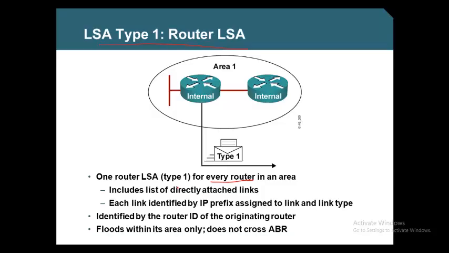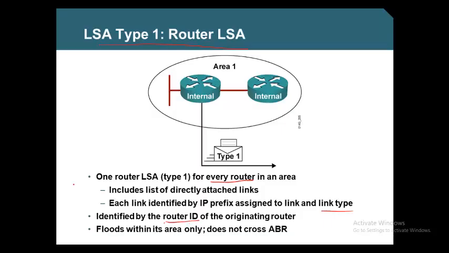What does this contain? It contains the list of directly attached links and the IP address on that link, along with subnet mask, and also the link type. We learned a lot of network types, link types: broadcast, non-broadcast, point-to-point, and also the router ID of the router which is sending it.